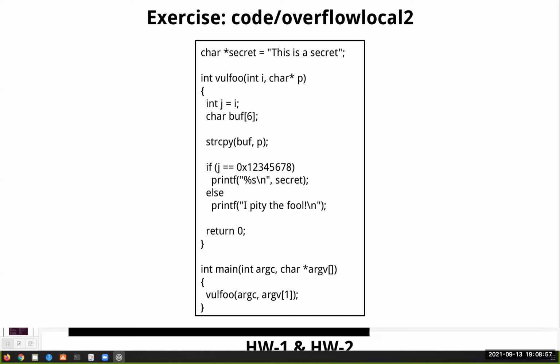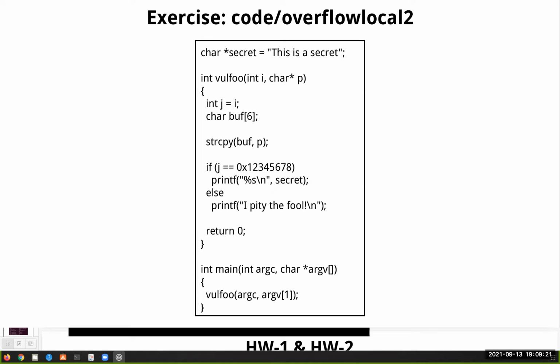It's actually very similar, but a little bit more difficult. The main function is the same. We have a local variable J and a buffer. We use a string copy to overflow the buffer.